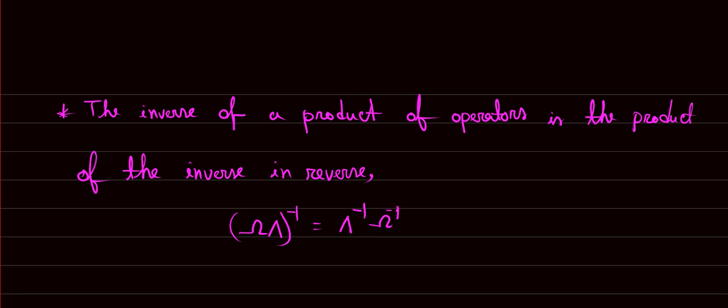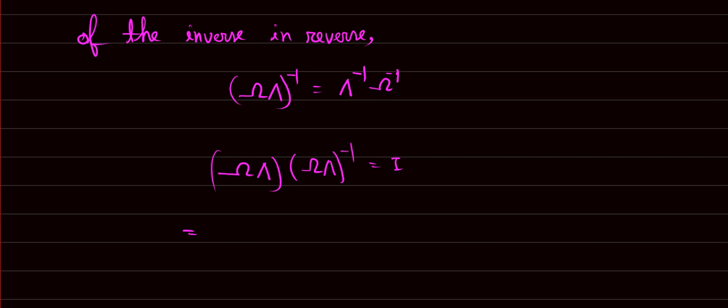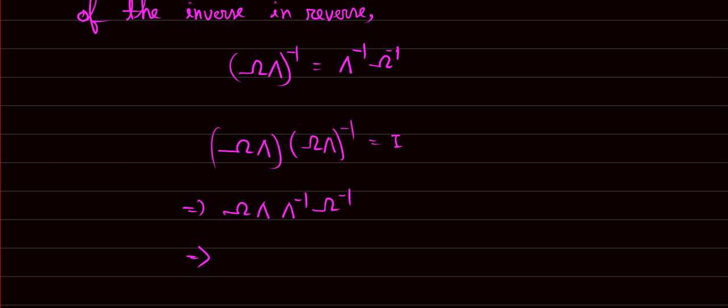So how can we prove this? Let's say it must be equal to I. So we have to prove that this is equal to I. So let's write this in this way, following from the upper relation.